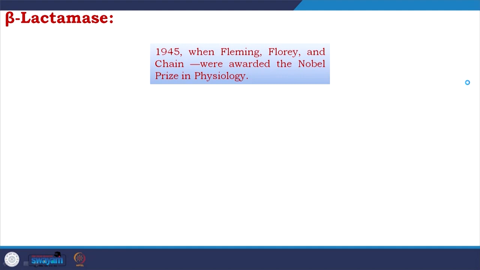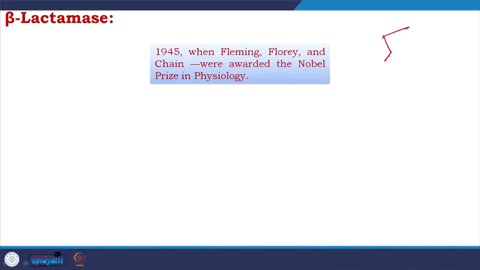So, Fleming, as you all know, invented it, but Florey and Chain were from Oxford University. They developed a group to perform the molecular characterization, and that group successfully came up with the molecular characterization of the beta-lactam ring.